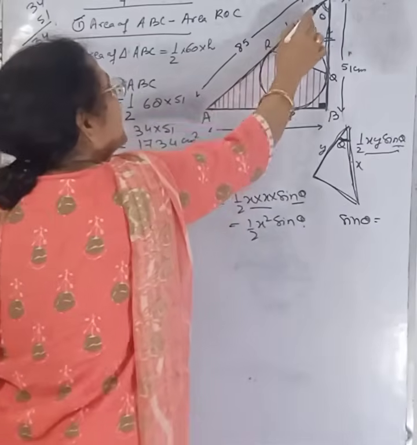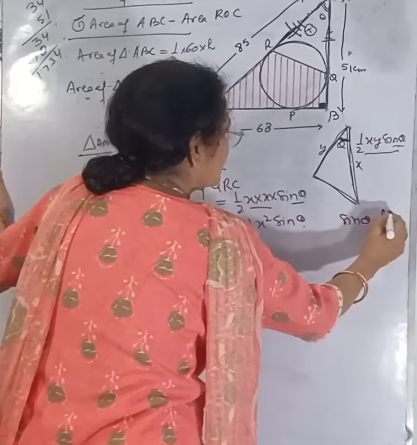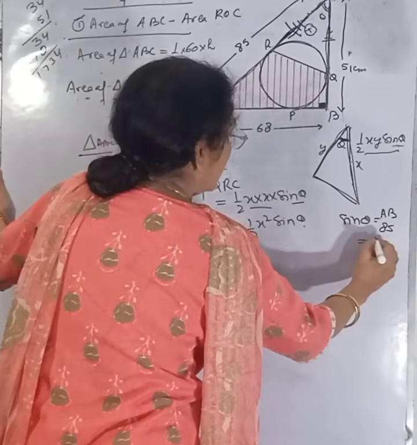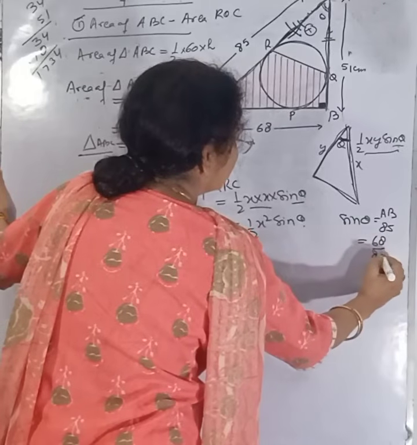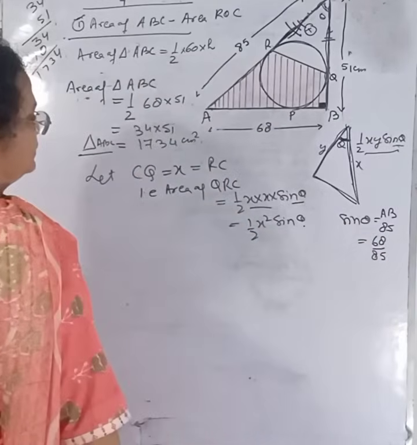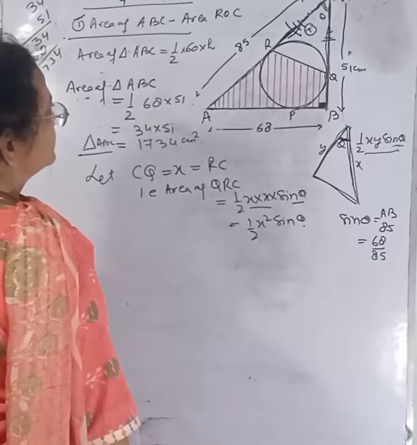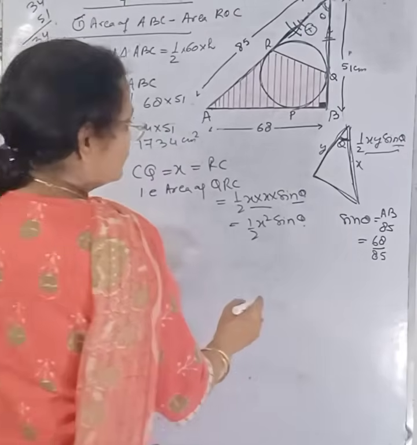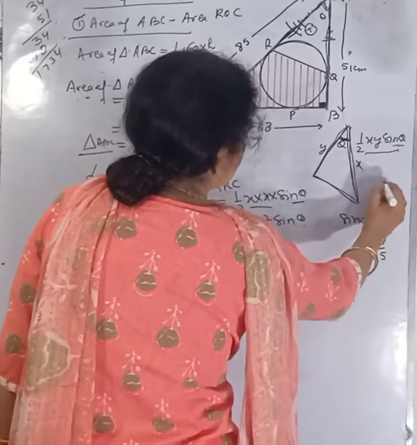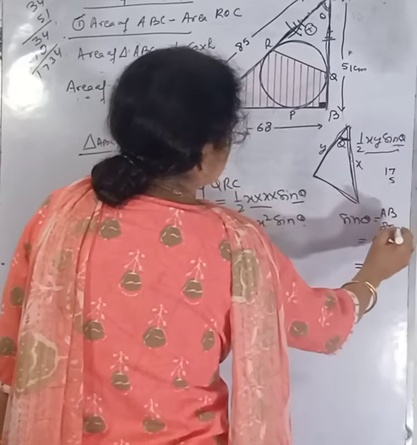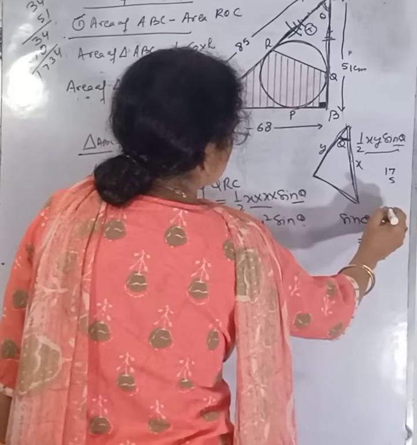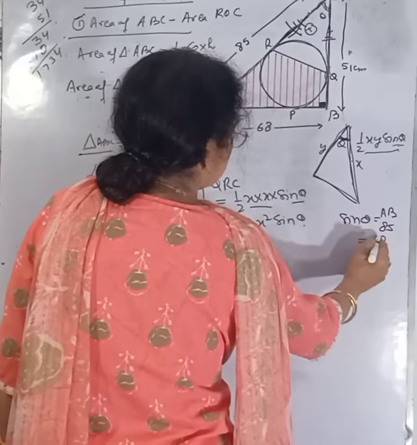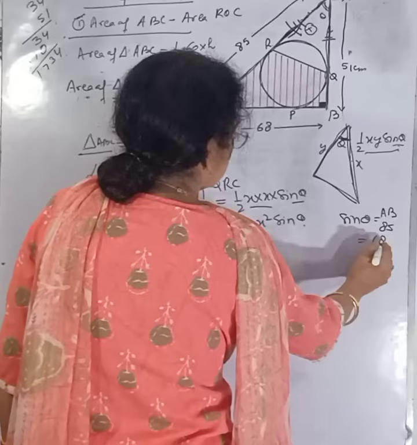Perpendicular is AB upon hypotenuse 85, that is 68 upon 85. 17 fives are 85 and 17 fours are 68.